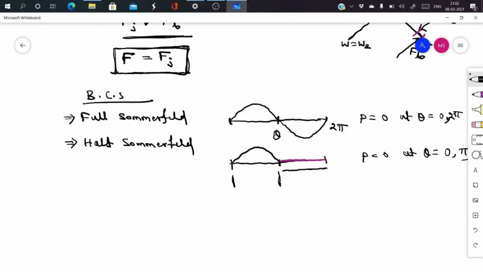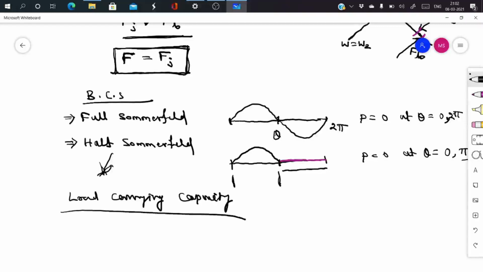now for half Sommerfeld, load carrying capacity Wx, W cos phi, very similar way. Only thing is that earlier you used to make it 2 pi, but now you make it from 0 to pi.